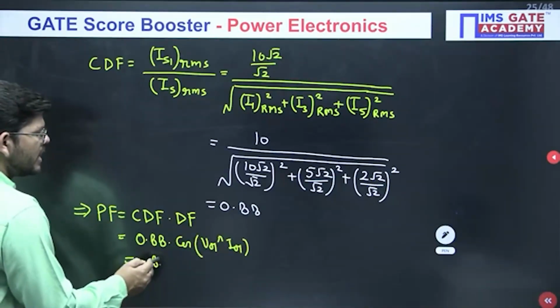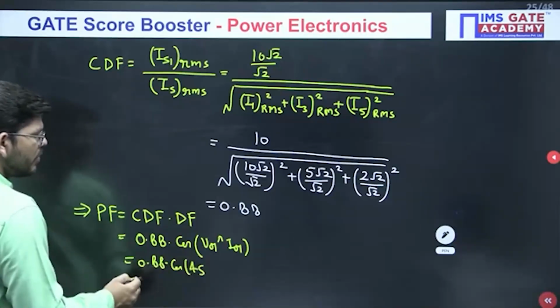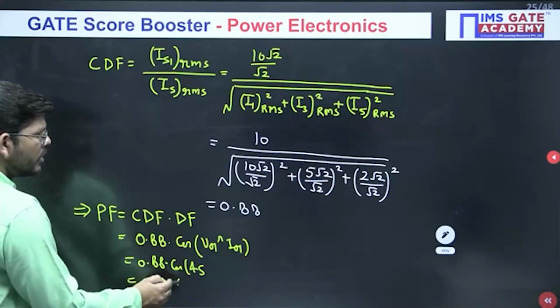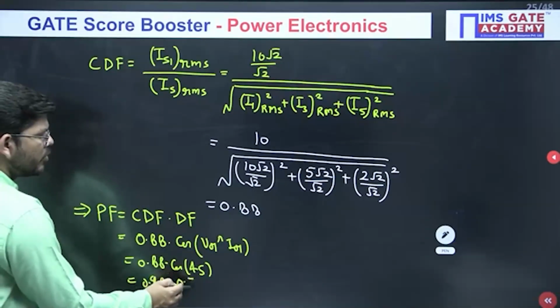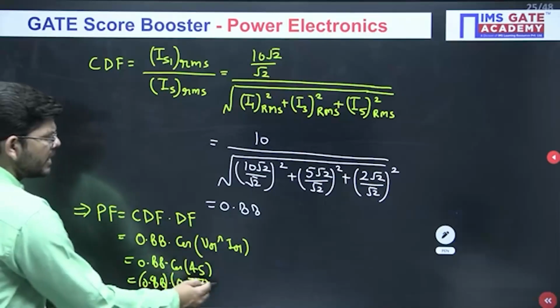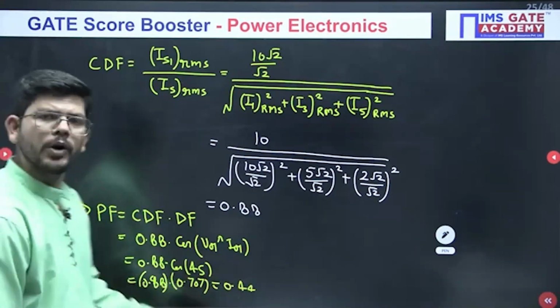That angle is 45 in our case. So 0.88 into cos 45, which is 1 by root 2, 0.707. When you multiply them, I think you will get around 0.44. We will just cross check whether it is 0.44.